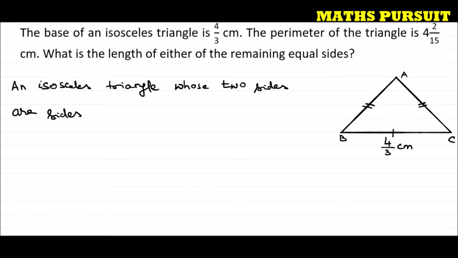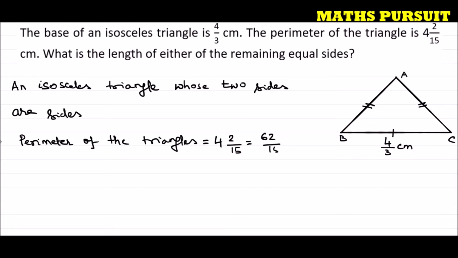The perimeter of the triangle is 4, 2 by 15 centimeter. That is 15 4s are 60, 62 by 15 centimeter.